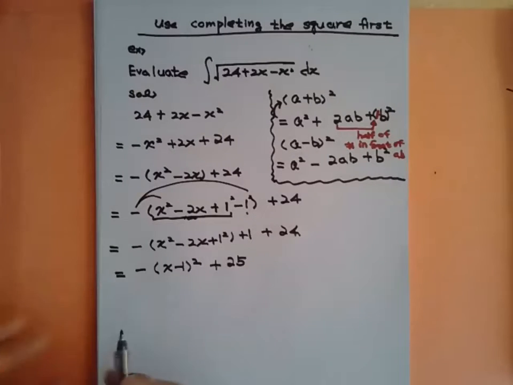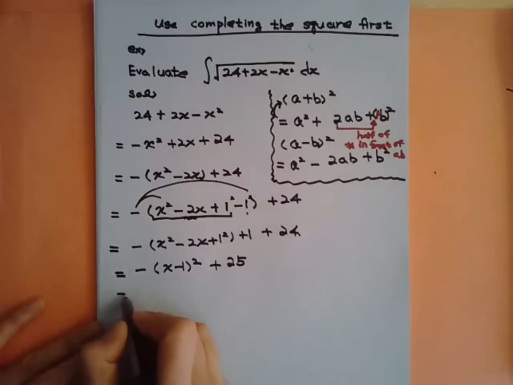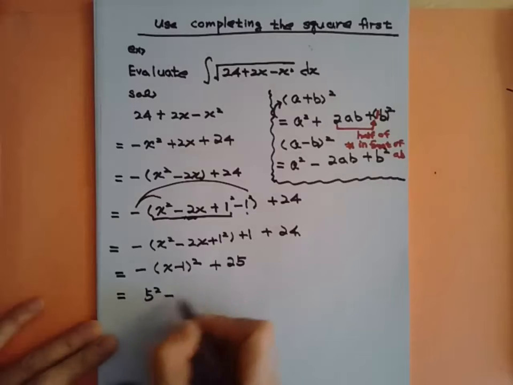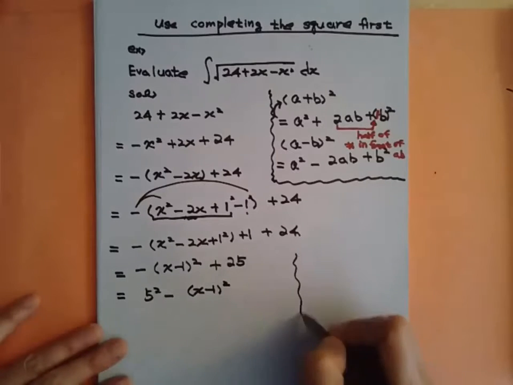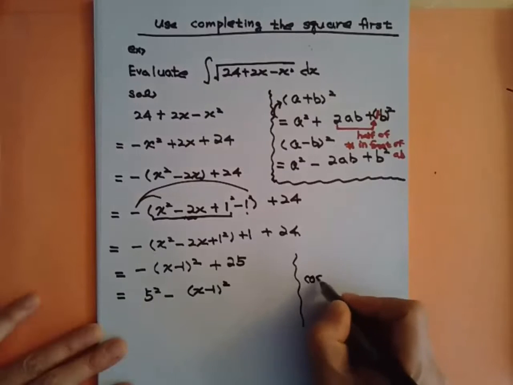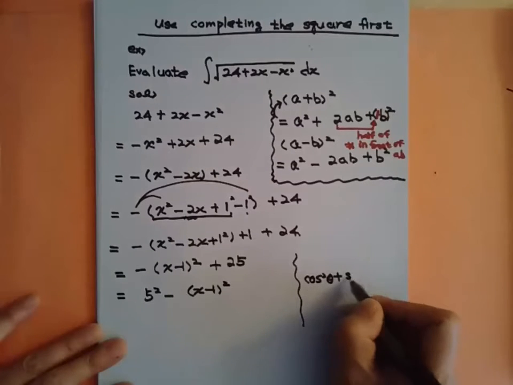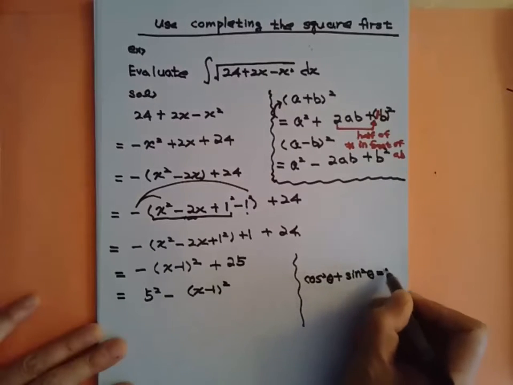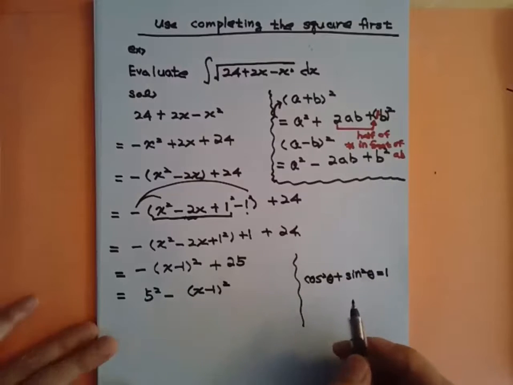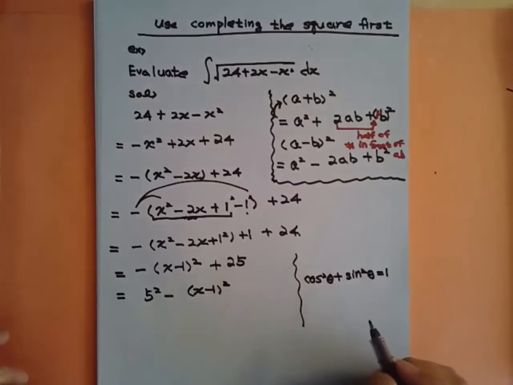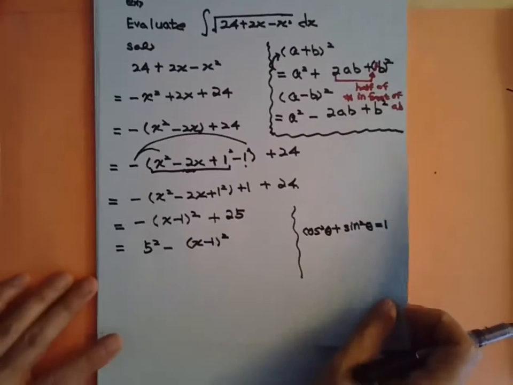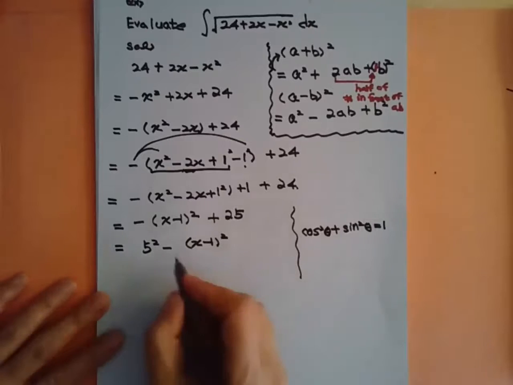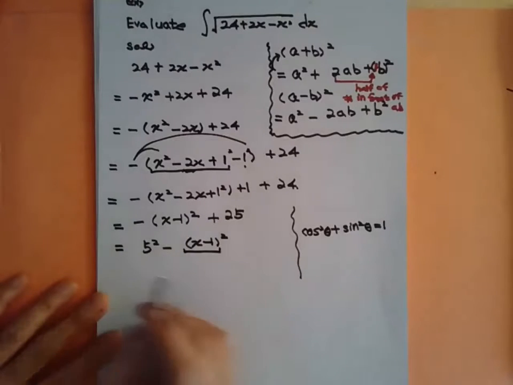And it'll be available later. So we can rewrite this as 5 squared minus x minus 1 squared. And then what you will think about is, well, we had cosine squared of theta plus sine squared of theta equals 1. From there, we thought about 1 minus sine something, right? And so the substitution will be 5 sine theta.